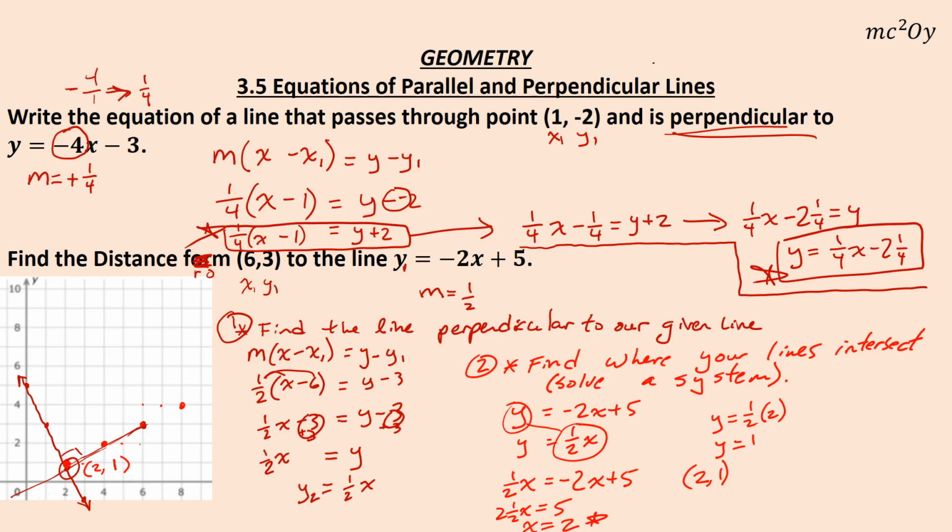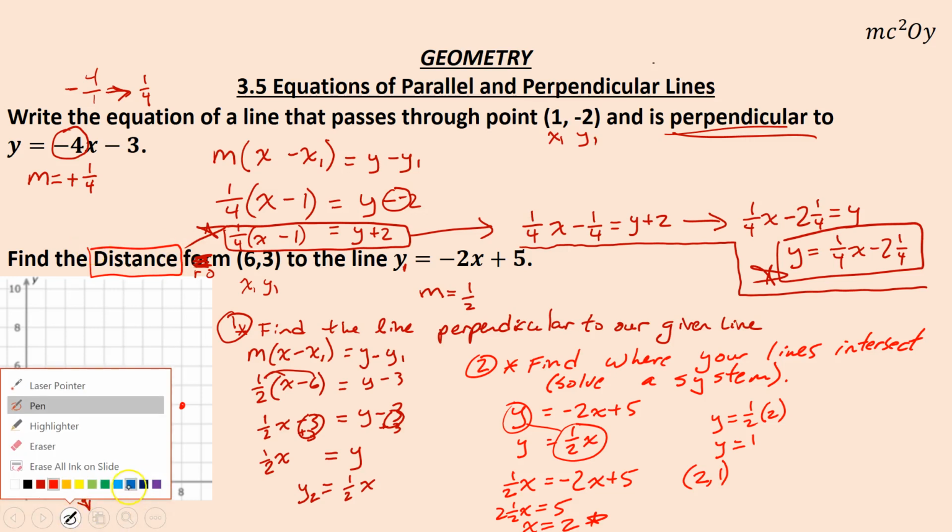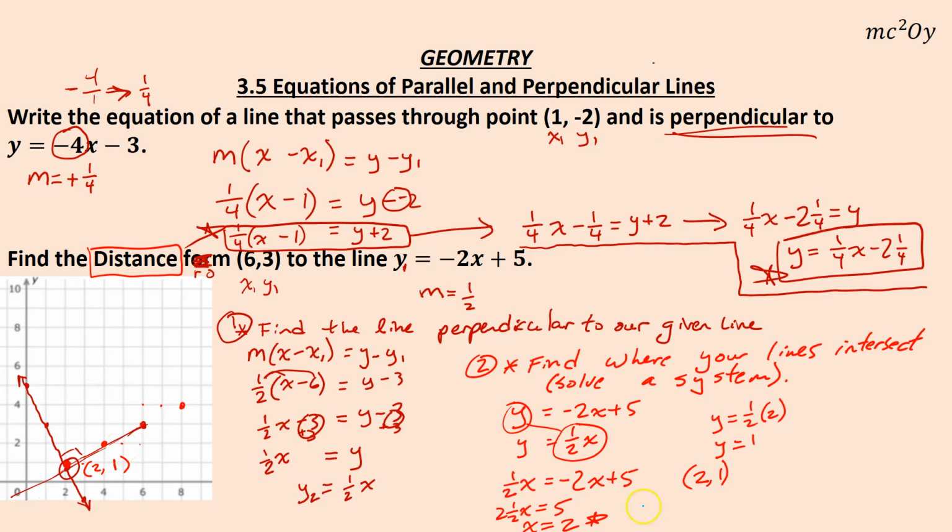Okay? Well, the last step is to use the distance formula to find the distance. That's what they asked us for. Find the distance. So number 3, the last thing, and I'm going to have to squeeze it in over here on the graph, but number 3, use the distance formula. All right.